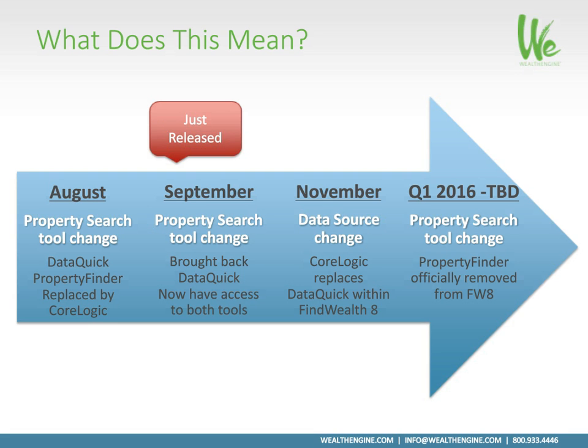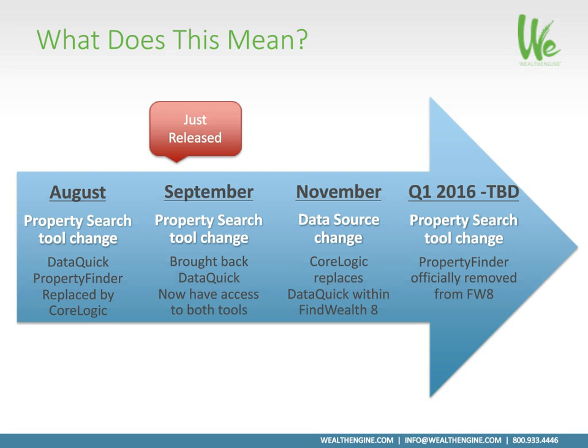That way, the functionality that you had in Property Finder will be compatible in the RealQuest tool. So you can see here in terms of time frame, in August we made that switch. Now in September we've rolled out so you have access to both of those tools within the specialty search area. And then what's going to happen in November is slightly different, and I want to make sure that I'm very clear on this point.